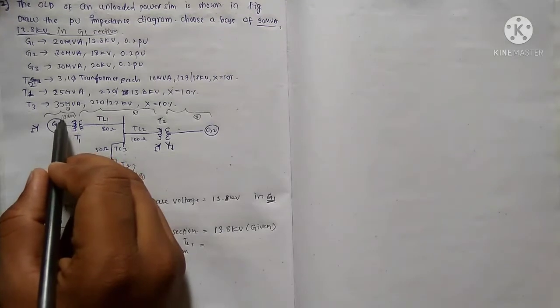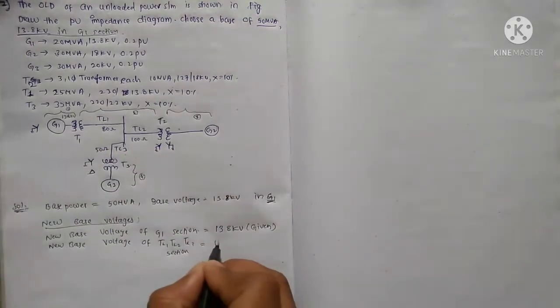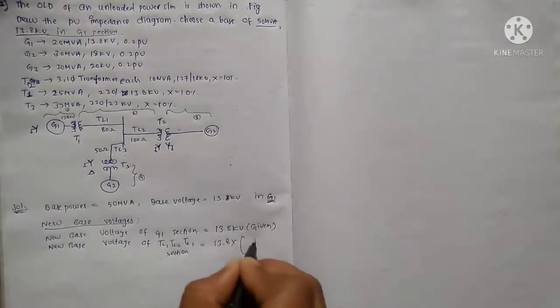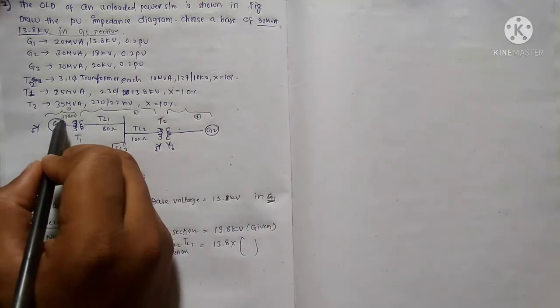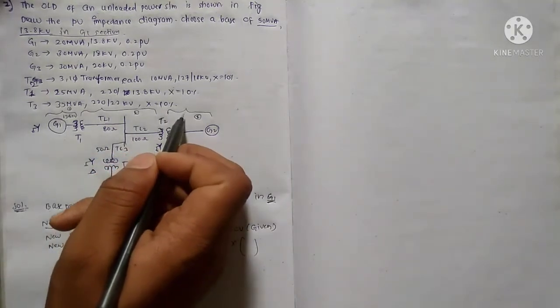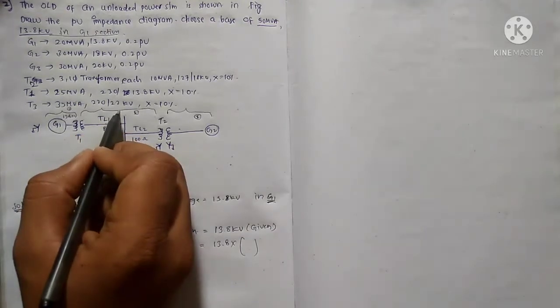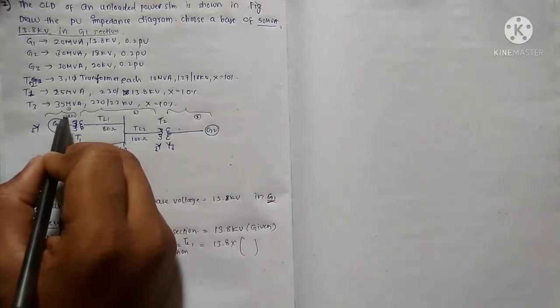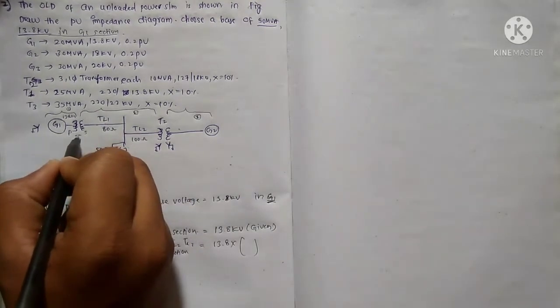Since we know this previous voltage, take it as the reference: previous voltage multiplied by, since we are calculating this section voltage, we don't know this voltage, right? Therefore we take the previous voltage as reference, we are moving from this to this. This implies we are moving from primary to secondary.